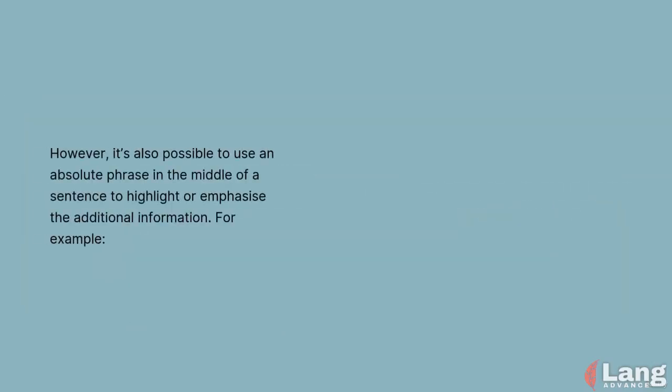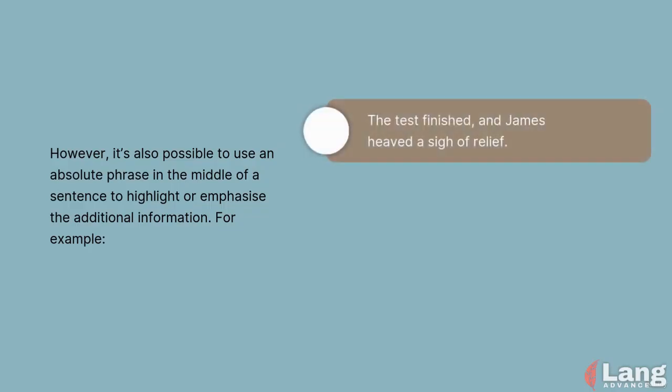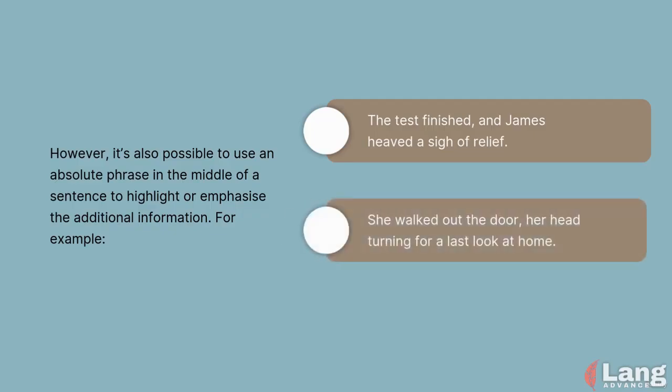However, it is also possible to use an absolute phrase in the middle of a sentence to highlight or emphasize the additional information. For example, the test finished, and James heaved a sigh of relief. She walked out the door, her head turning for a last look at home.